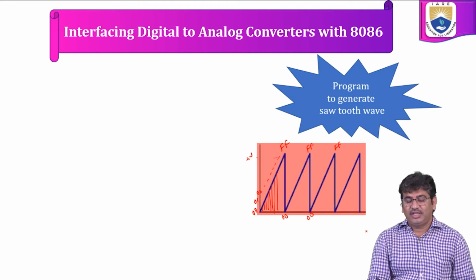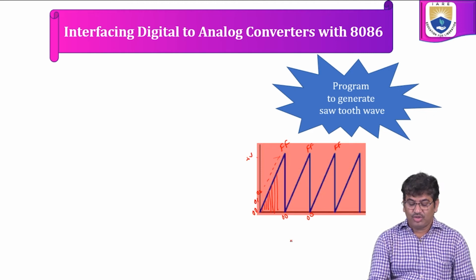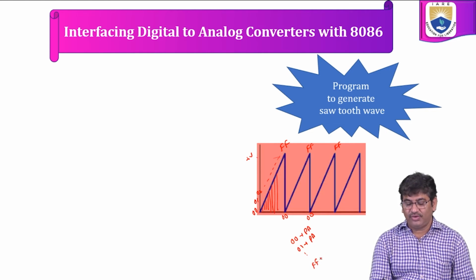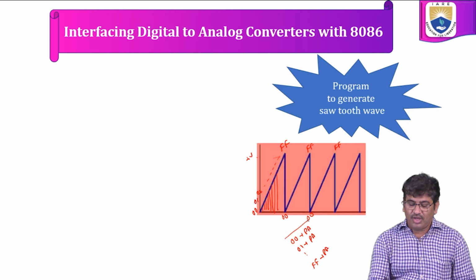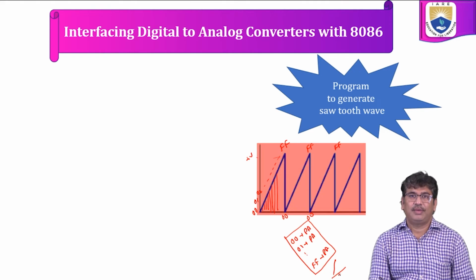The logic for this is that we write the control word register with 80H, then 00 will be passed to port A, then we pass 01 to port A. Like this, a total of 256 values from 00 to FF have to be sent to port A. When you pass 00 to FF values, this will generate a ramp signal.